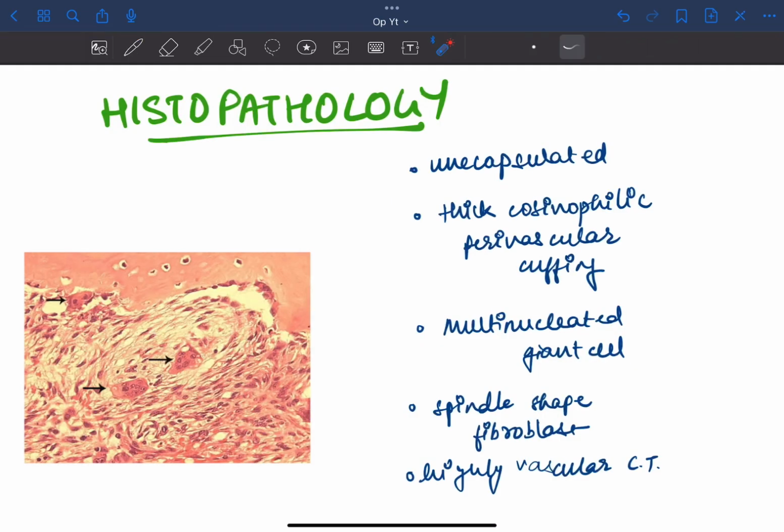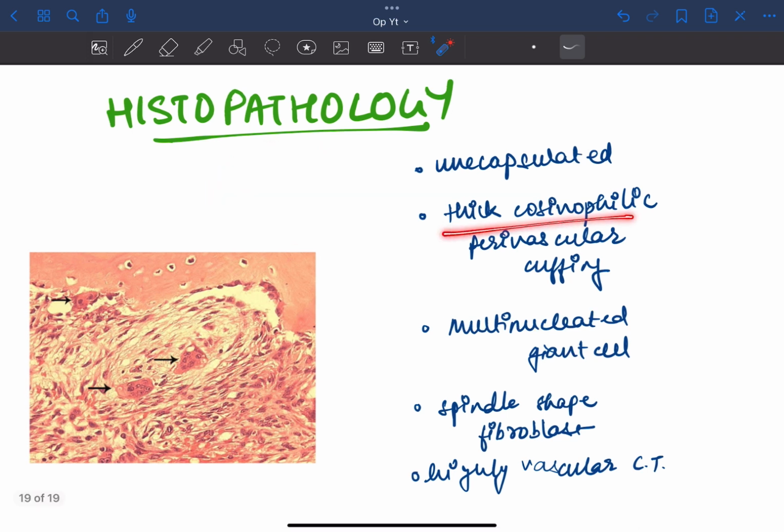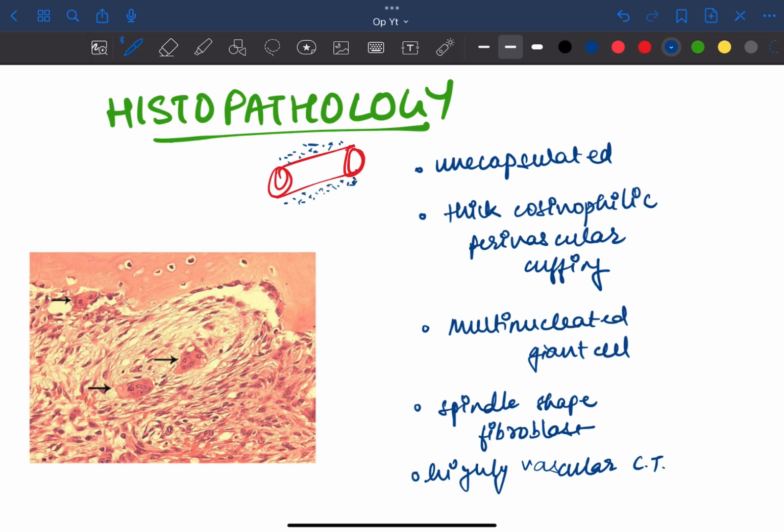Histopathology. So first, it is an unencapsulated lesion. That means the lesion is free to expand. It is not surrounded or closed by a capsule. It has thick eosinophilic perivascular cuffing. What it means is around the blood vessels there is cuffing of eosinophils. That means there are a lot of eosinophils surrounding the blood vessels.